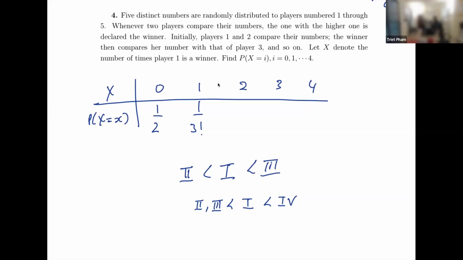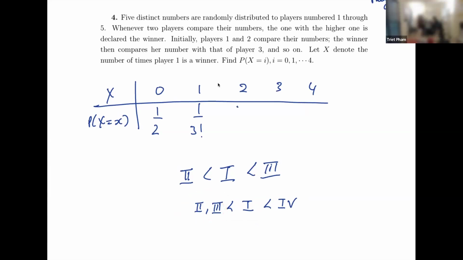Well, there are 4 factorial ways to arrange numbers between 1 to 4, but there are 2 ways for this to happen because the order between 2 and 3 doesn't matter. So that's 2 over 4 factorial. Any question about this?